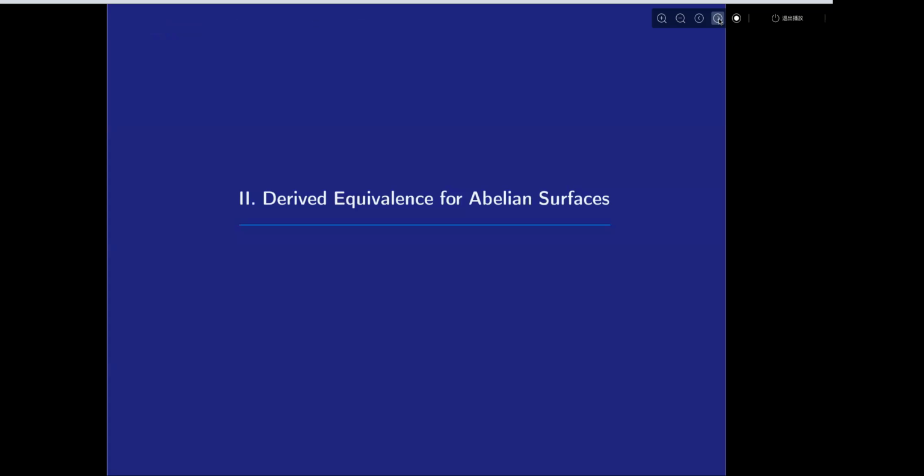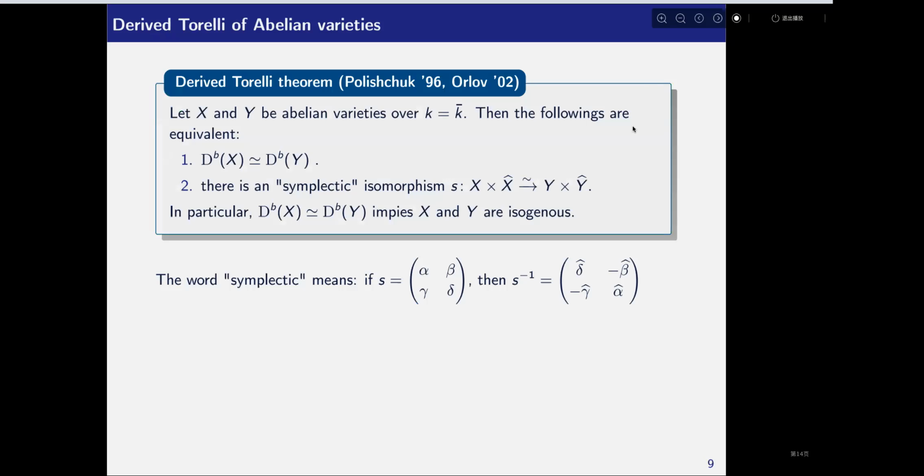I will briefly talk about derived equivalence between abelian surfaces. This is the well-known derived Torelli theorem for abelian varieties, and it holds over all fields.